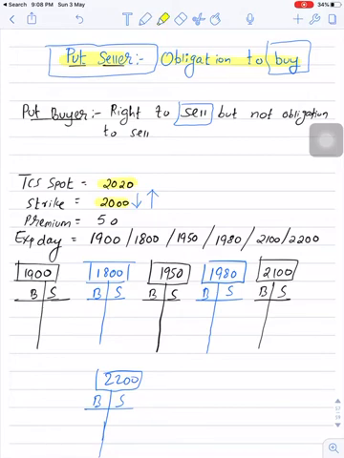Premium is 50 rupees. Now this premium is to be paid by the buyer of the option and this premium will be received by the seller of the option. Now why will the seller receive premium? Because he is selling the option rights, that's why he will receive premium, and the buyer is buying option rights, that's why he will pay premium.